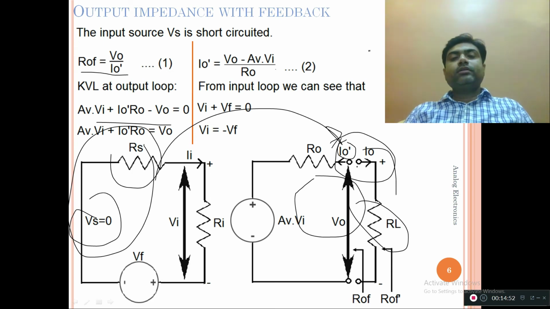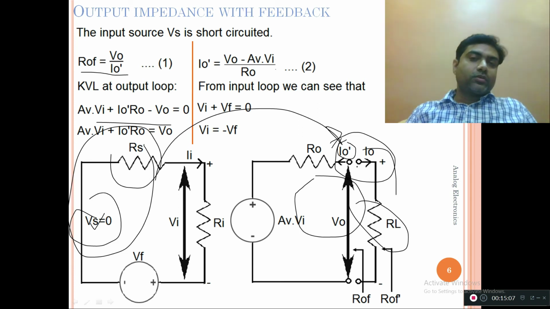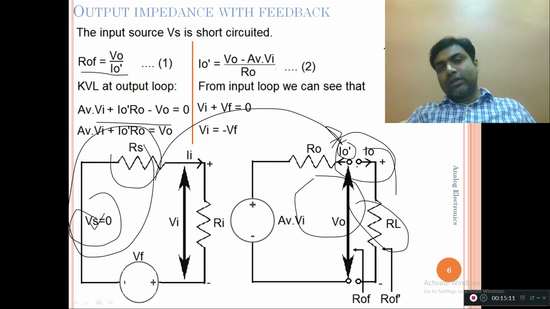And now this is very important: from the input loop we can see that since Vs is equal to 0, Vi plus Vf equals 0, because there is no source voltage. So Vi can be written as minus Vf. Why are we interested in calculating Vi here in terms of feedback?